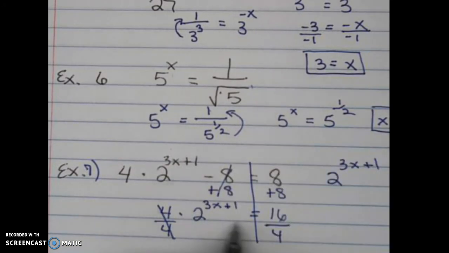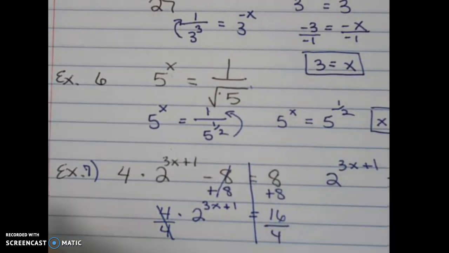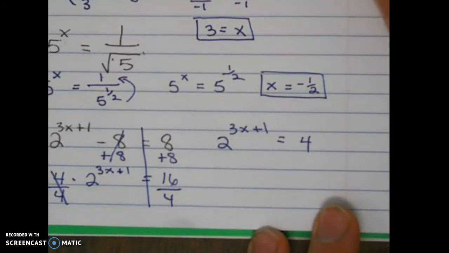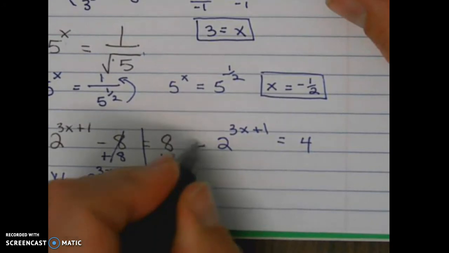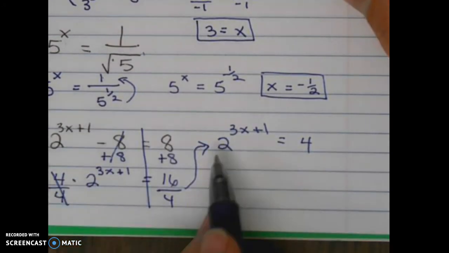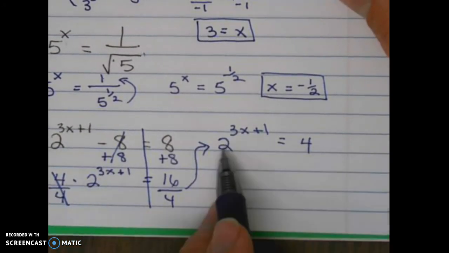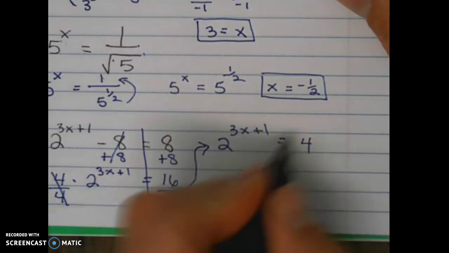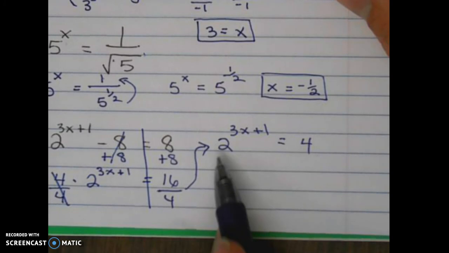So rewriting my problem. Here's what we end up with. All right, now that we have a base on both sides, we look at them and they're not the same. Is there any way that we could make them the same? Well, sure, we can change 4 to 2 squared.